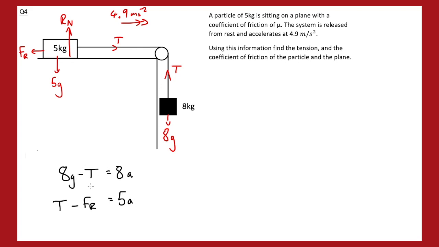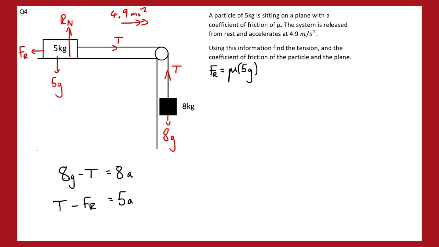If I combine these together, it's not going to help me an awful lot at the moment. The first thing to do is to find this FR and this value of T. So I'm just going to find FR really quickly. FR we're going to write as mu times 5g.